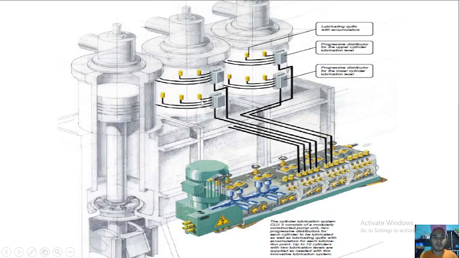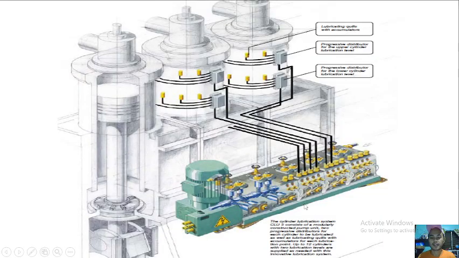Here is another example. So here are multiple points. This is a bit of an electronic type programmable distributor. So you can reprogram the distribution of oil, depending on the load. So if it is at slow speed, you can lessen the oil, while if it's at high speed or full load, more oil is used for lubrication of the piston and liner.